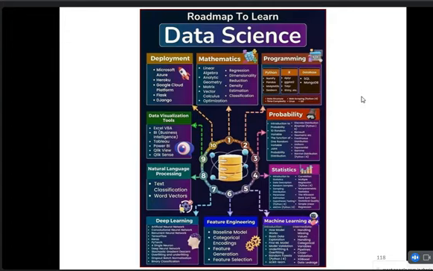Probably end of February, mid of April maybe. Oh, okay, no problem. Time is there. We will finish before that. After that, we will start cyber security. Then scikit-learn is a library used for machine learning applications to solve real-time problems.